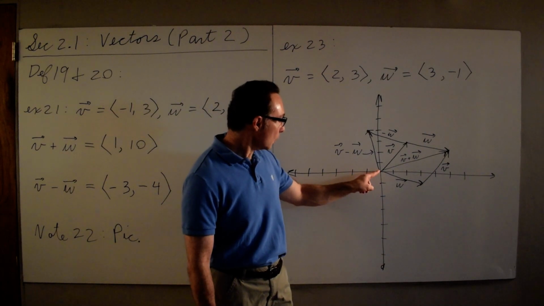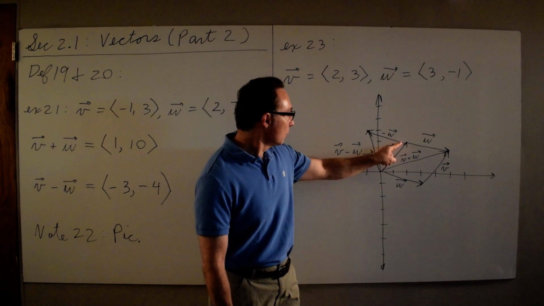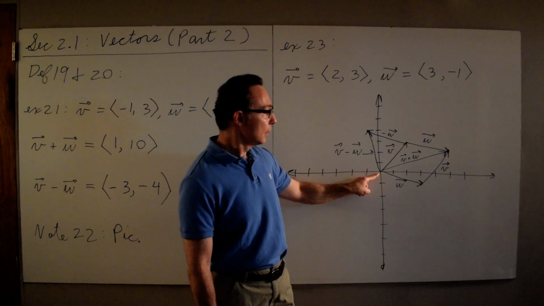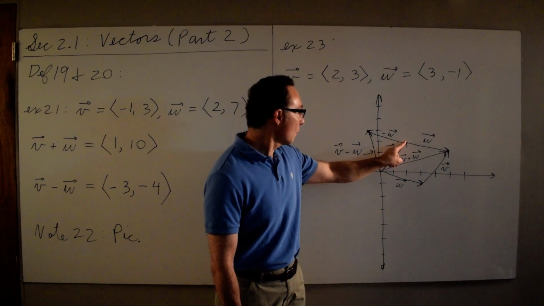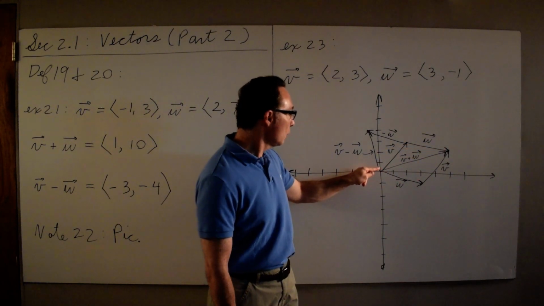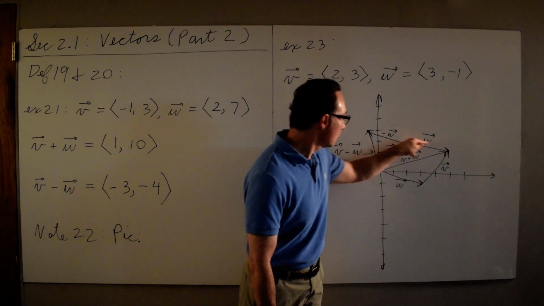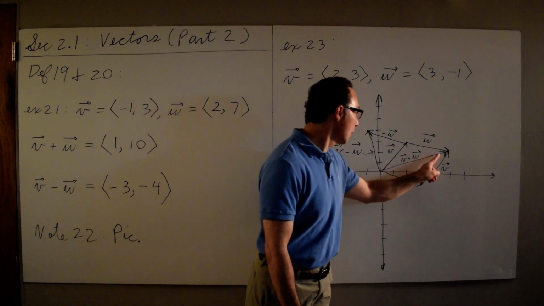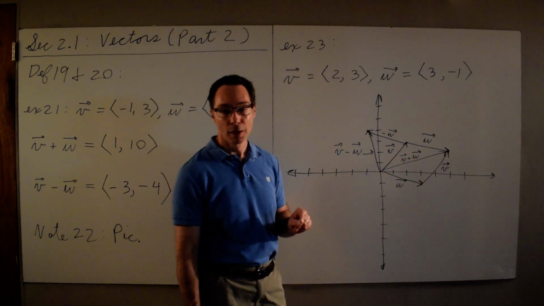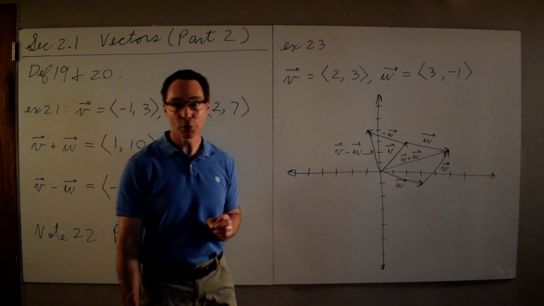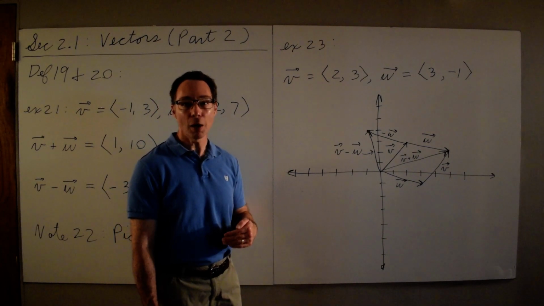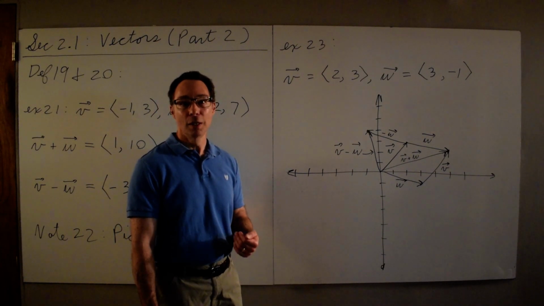Now, we take our initial position representation of v, and then we take our other representation of w, and we put these head to tail. Here's v, here's w. So v plus w is this vector right here. This is v plus w. Now, one of the nice things about vector addition is it's commutative, because normal addition is commutative.